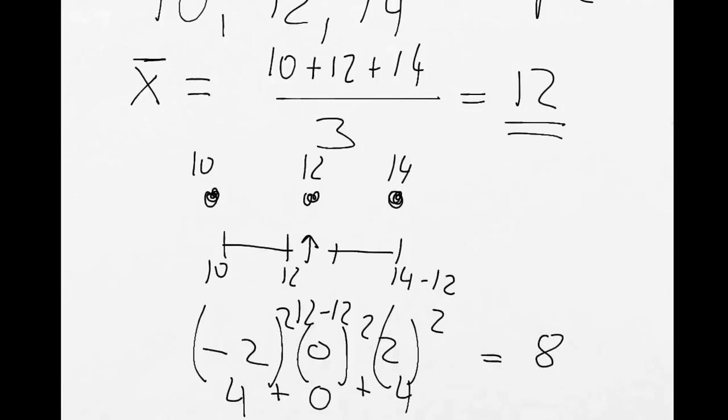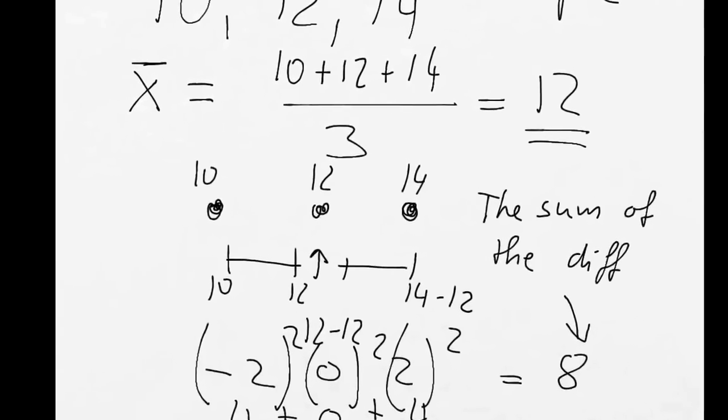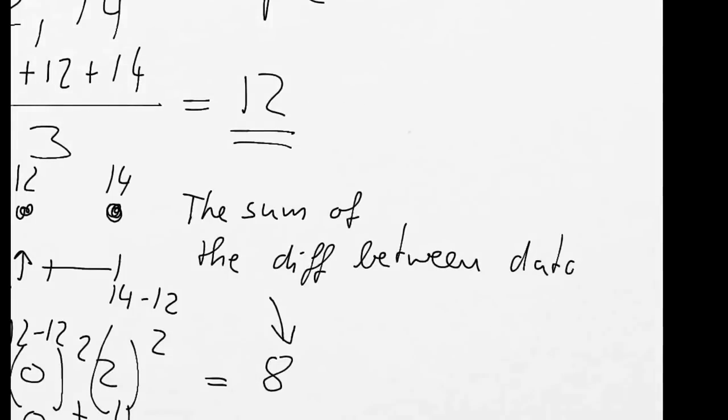Yeah? So this 8 is actually, if you like, the sum of the difference between data point and mean squared.